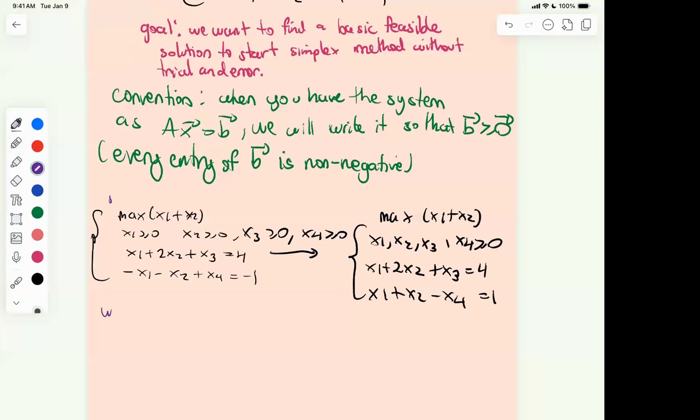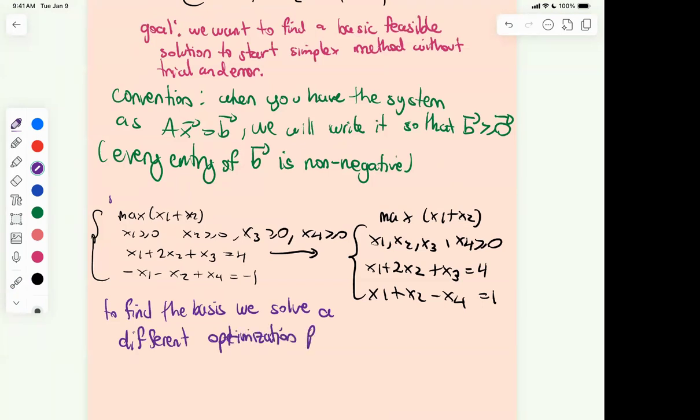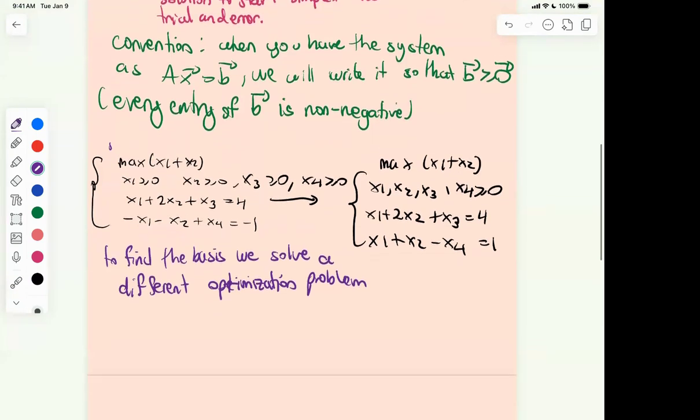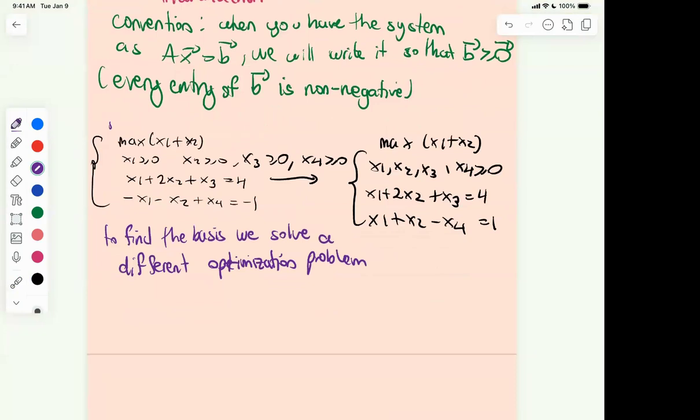To find the basis, we solve a different optimization problem, which I'll call the auxiliary problem.